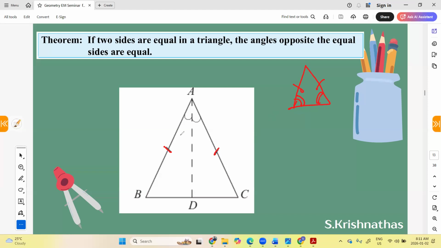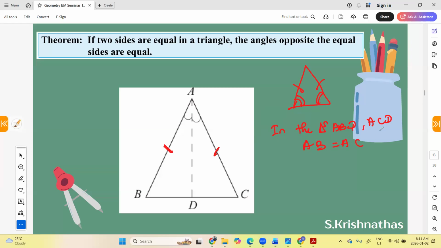Okay, right, students, the formal proof for this theorem. Here, this is a triangle, given AB equal to AC. In the triangles ABD and ACD, AB equal to AC, right?